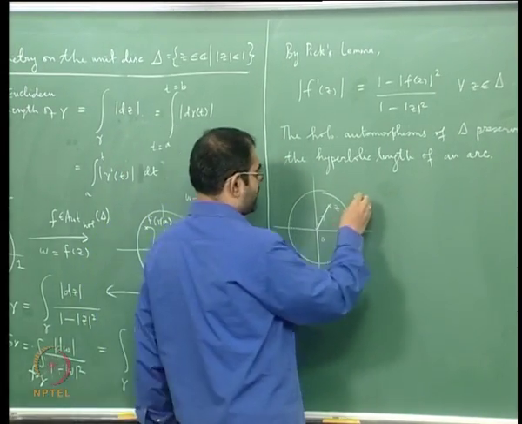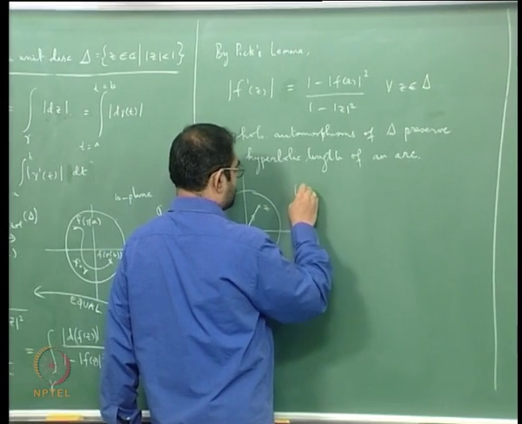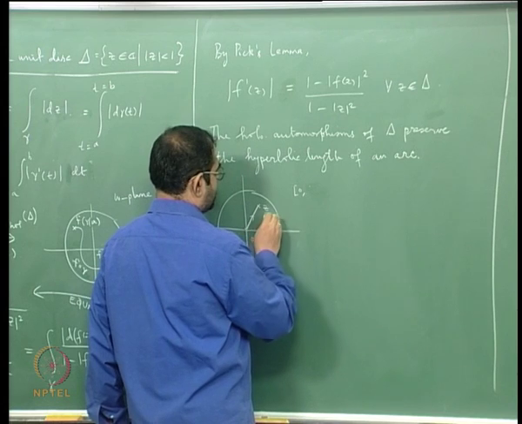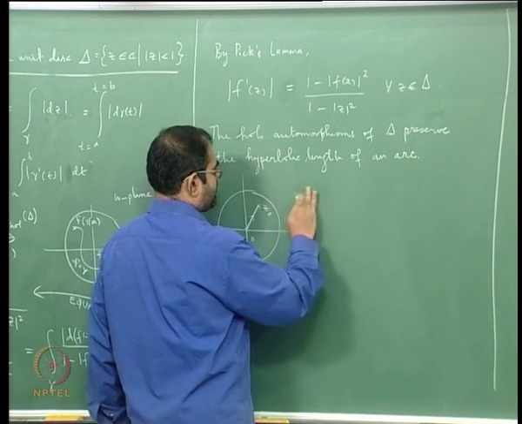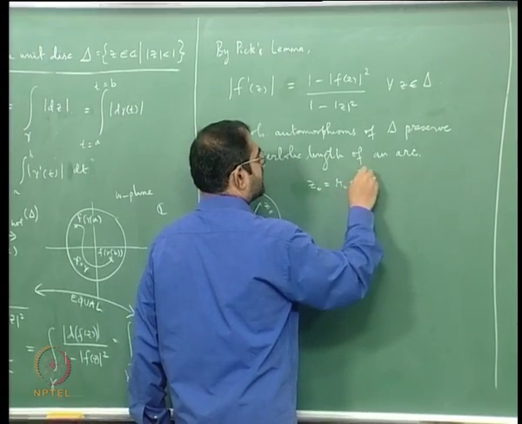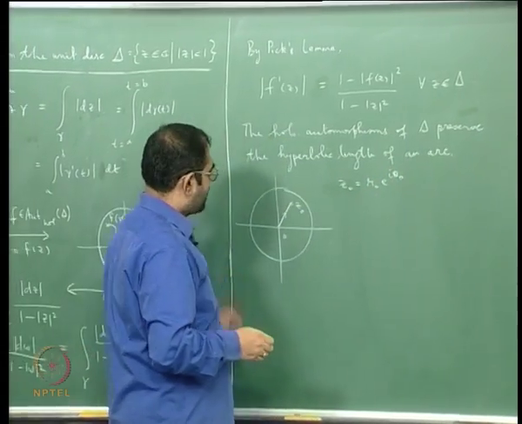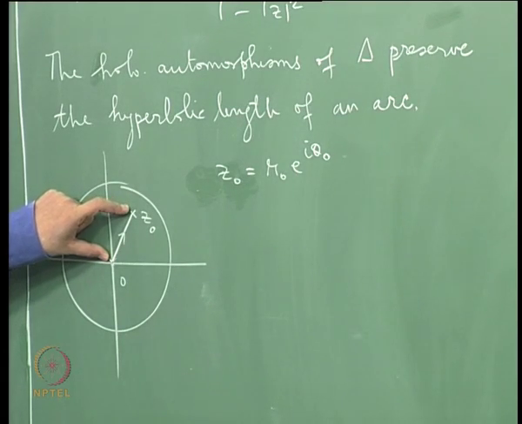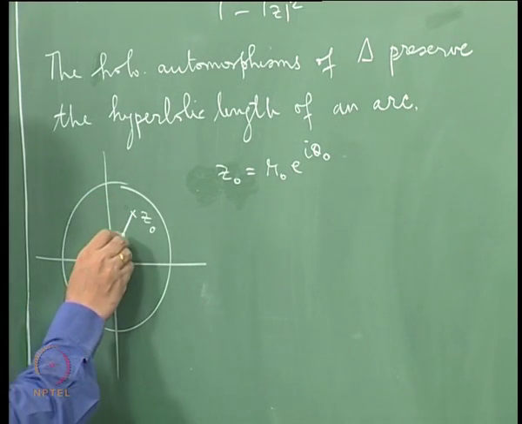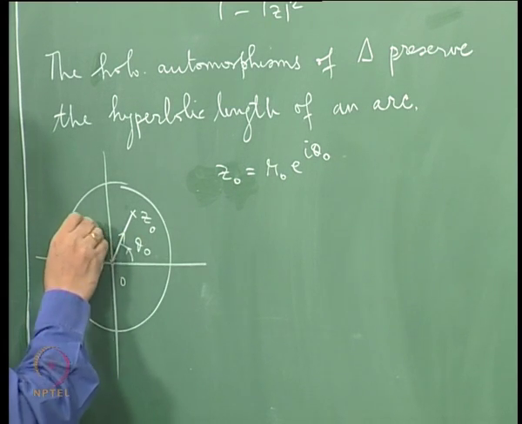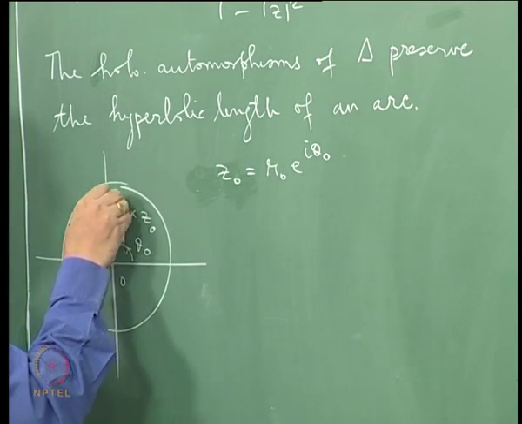Suppose I call this point z0, and z0 is r0 times e power i theta naught, where r0 is the Euclidean length and theta naught is this angle.